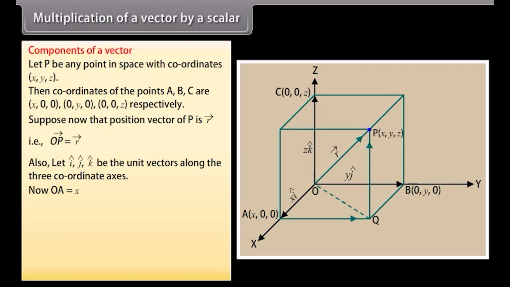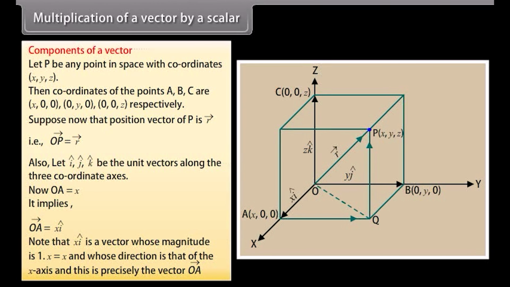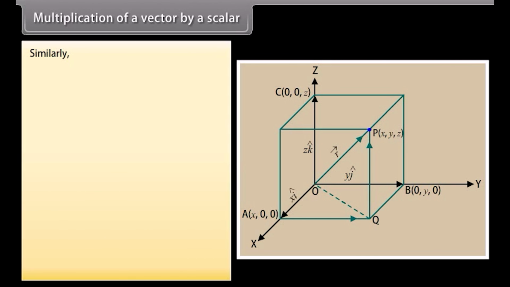Now OA equals x. It implies vector OA is equal to x cap i. Note that x cap i is a vector whose magnitude is 1 times x equals x and whose direction is that of the x-axis, and this is precisely the vector OA. Similarly, vector OB is equal to y cap j. Vector OC is equal to z cap k.